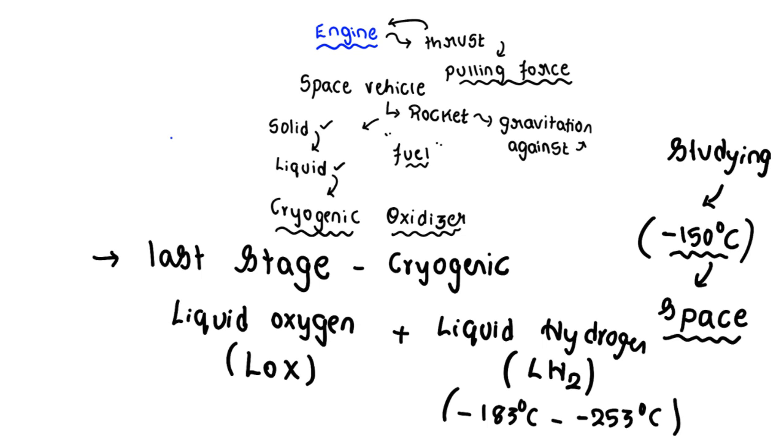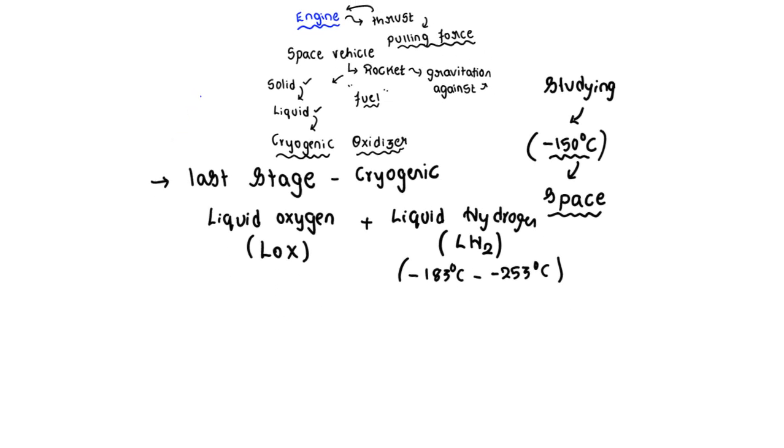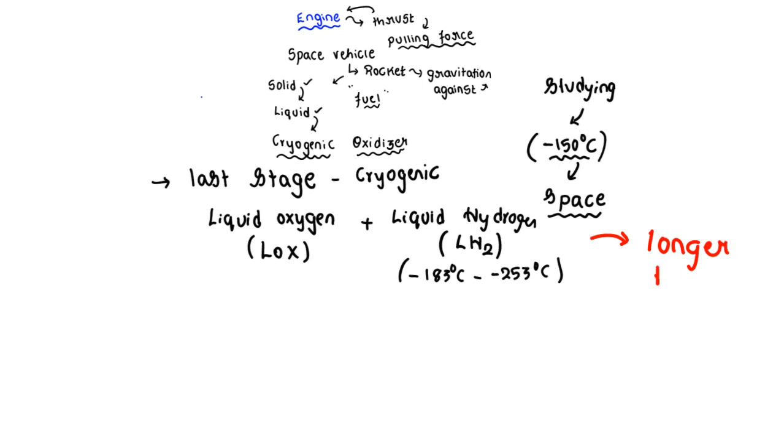So when we achieve up to minus 183 degrees and minus 253 degrees, we can go for the cryogenic upper stage engine. This is what India has achieved as of now. If something is achieved at the cryogenic stage, the same rockets or fuels can be used for longer distances.